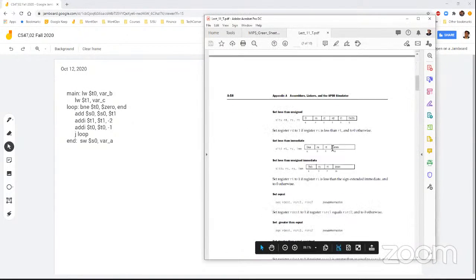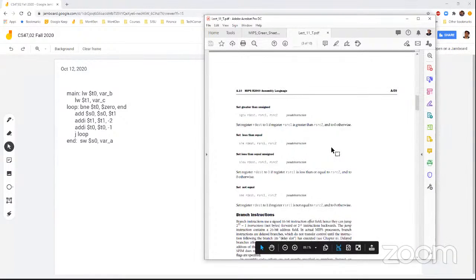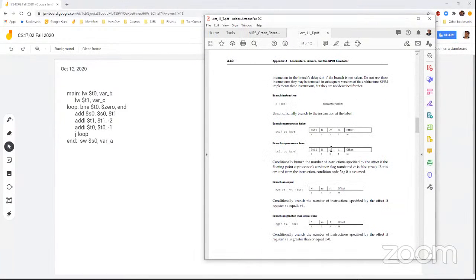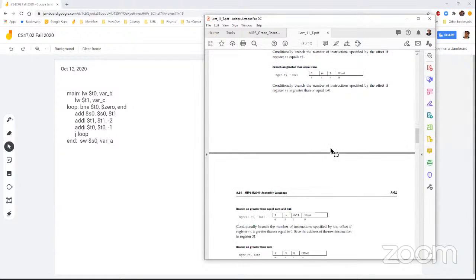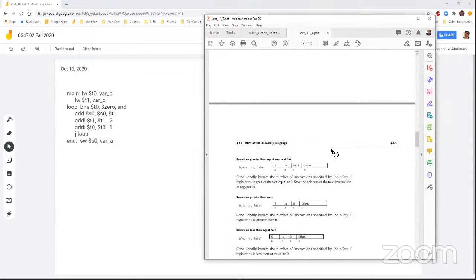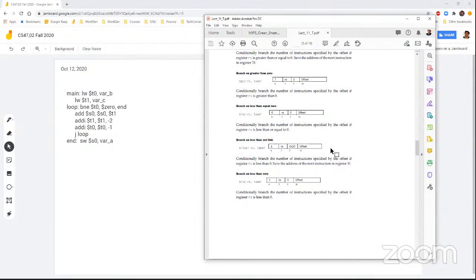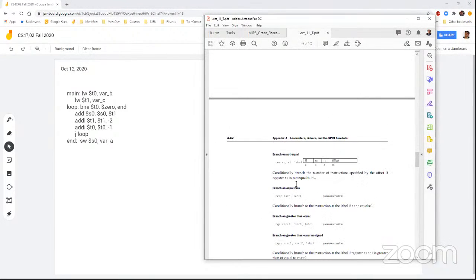Let's see, the BNE. Branch if not equal. Its format is RS, RT.